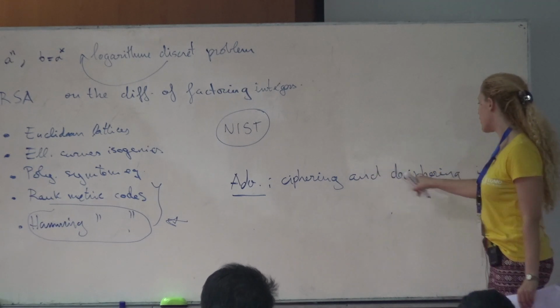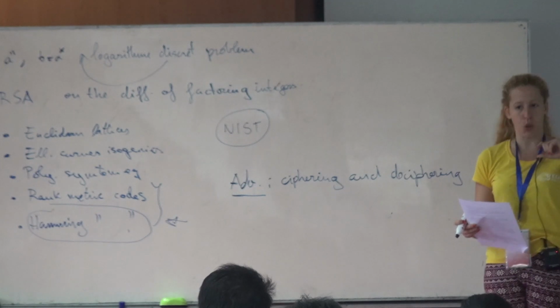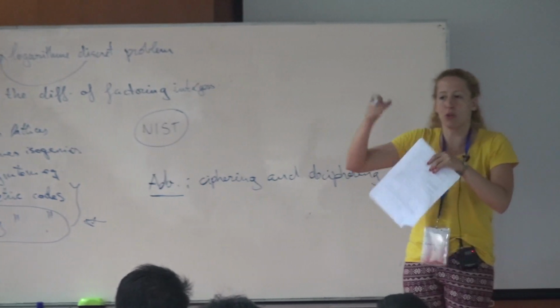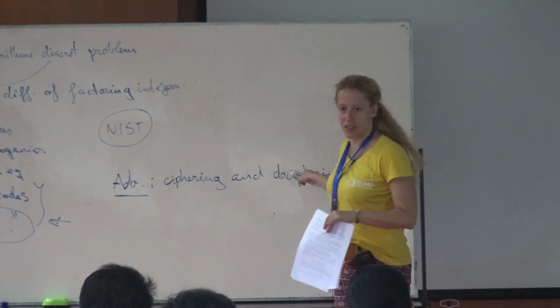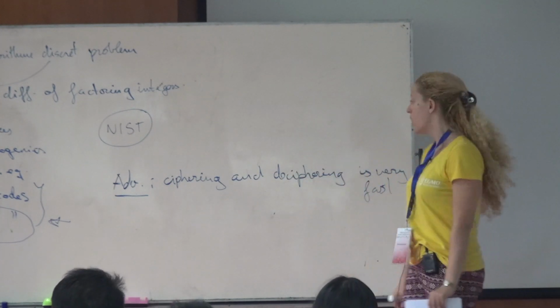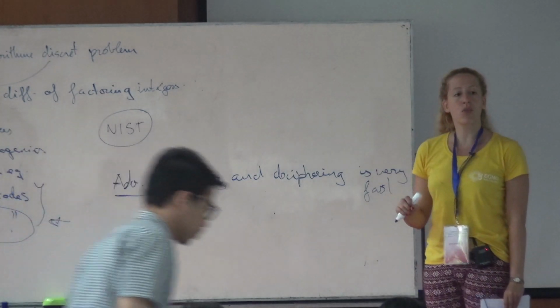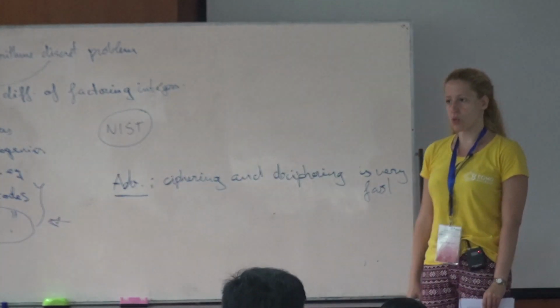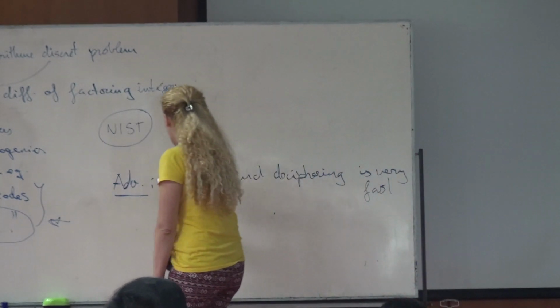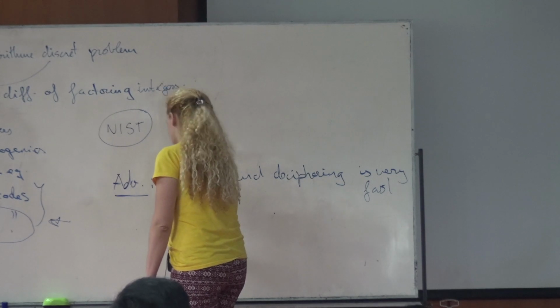What are ciphering and deciphering? Basically it's the encoding and decoding. Because there is some crypto behind it, we call it ciphering and deciphering, but it's the same thing that we saw: encoding and decoding. This is very, very fast if you compare it with all the other methods. So this is one of the advantages. And of course, the other advantage is that it's post-quantum resistant.